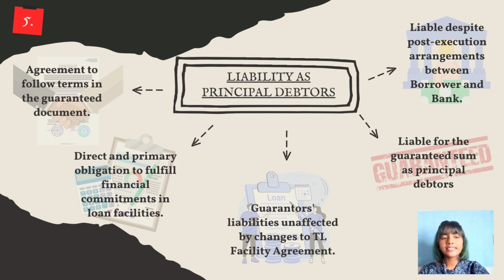Both defendants accept their direct liability as principal debtors for the entire guaranteed sum, showcasing a substantial financial responsibility beyond secondary surety roles. Finally, they are liable despite post-execution arrangements between the borrower and the bank. The guarantor's liability persists despite any arrangements, underscoring the lasting nature of their financial commitments.